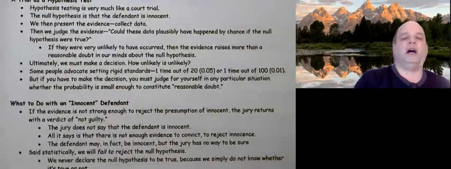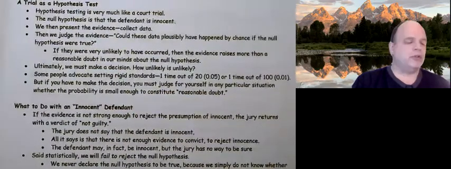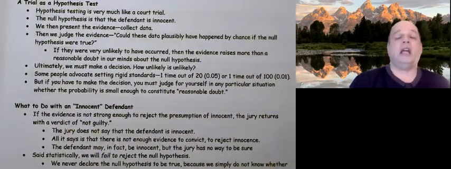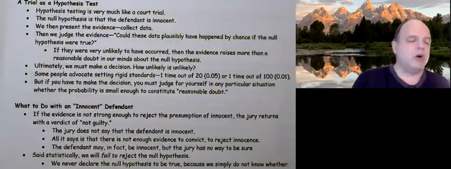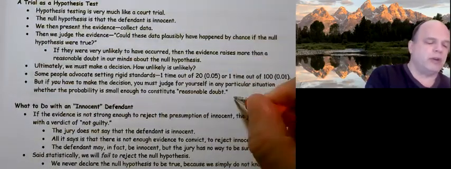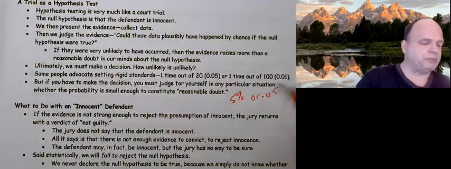And once again, you're like, well, does it always have to be 5% or 1%? And no, it doesn't. And depending on the problem, we'll give you different percents. But if we don't give you a percent, use 5% or 0.05.